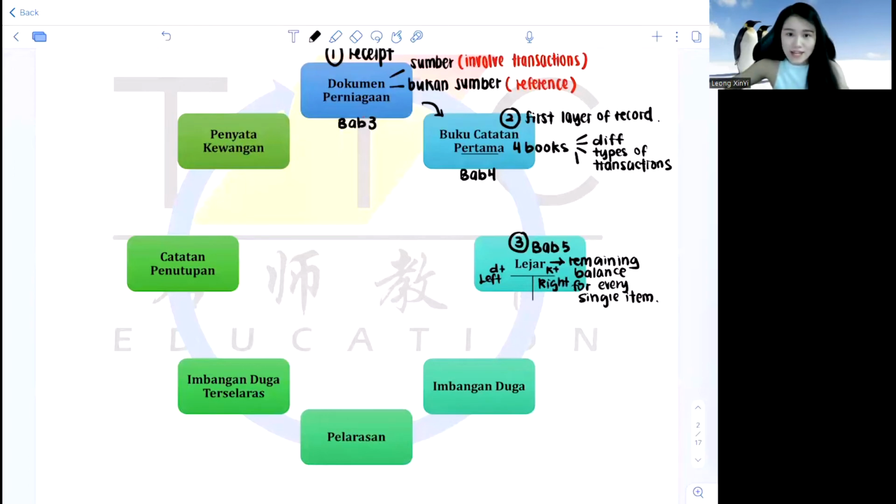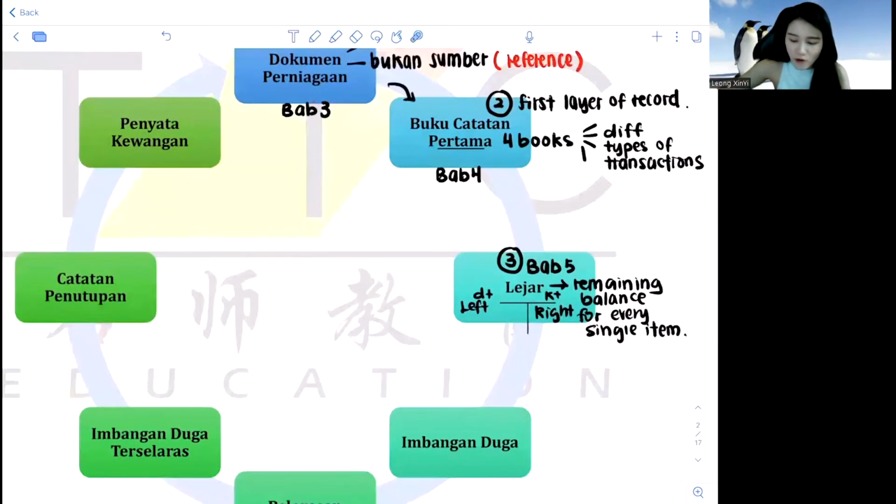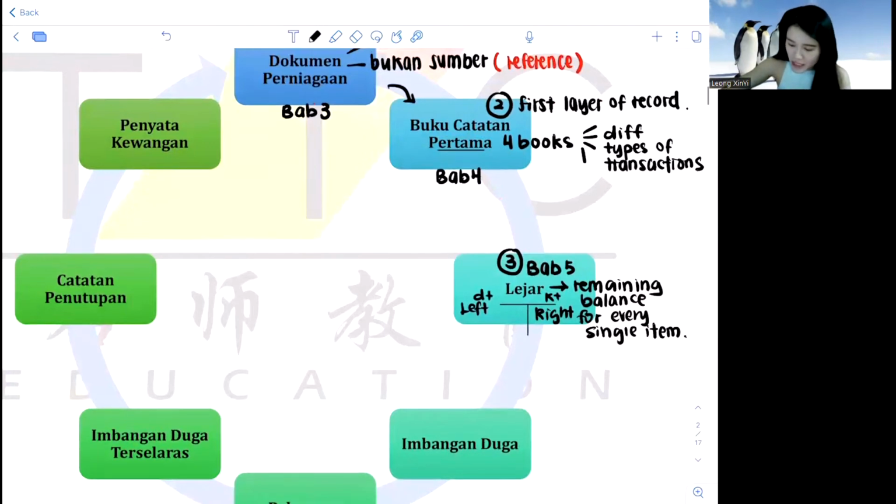So the debit and the credit are actually left and right, which you guys will already learn in Bab 4. Whoever is in my usual tuition class should know because we already finished with our buku catatan pertama. So ledger will require you to make sure everything balances in terms of debit equals to credit. So that is what we do in ledger.